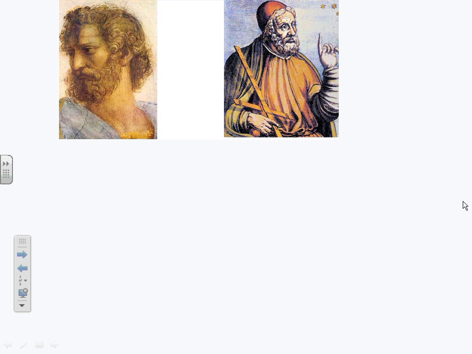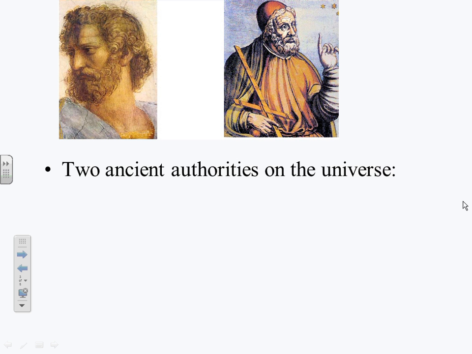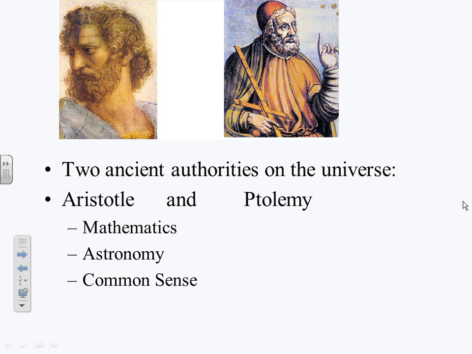So it would make a lot of sense that the ancient figures, the astronomers and scientists of the ancient world, such as these two guys, Aristotle and Ptolemy, would come up with ideas that the earth is at the center of the universe and that all things, including the sun, move around the earth.